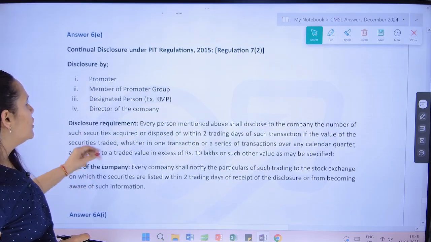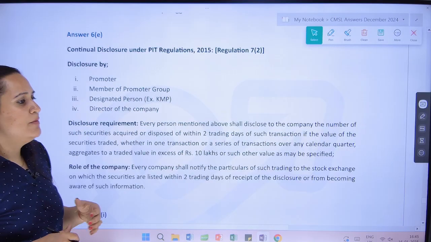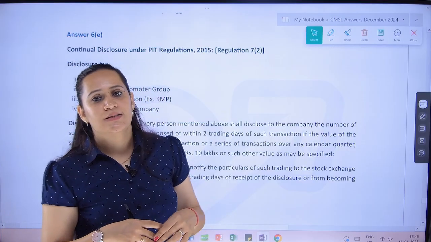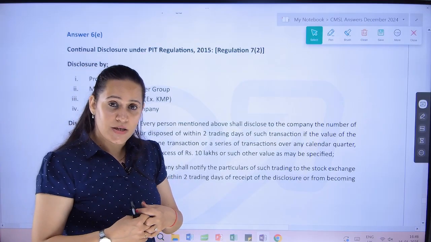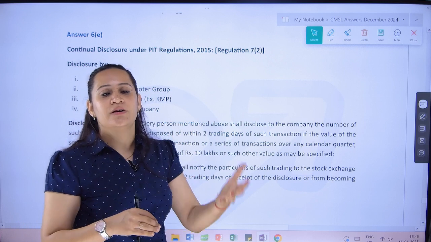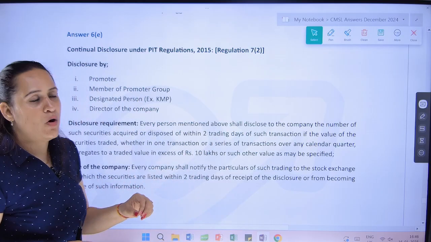Last one is what are the continual disclosures required to be made under the PIT regulation. So again, PIT regulation is prohibition of insider trading. So anybody who is an insider and is executing trading activities beyond a certain threshold, they have to give an intimation that we have executed so and so deal. So who are under an obligation?